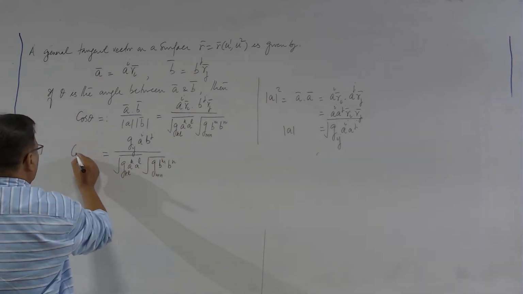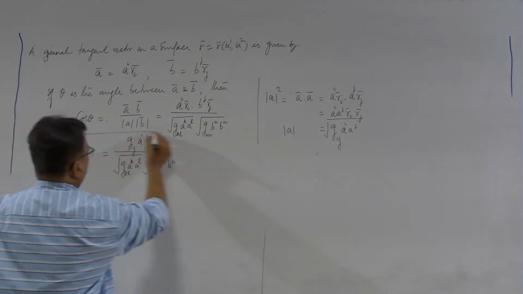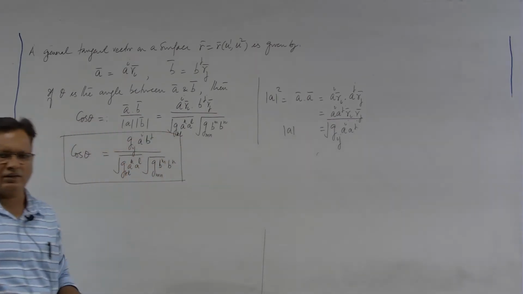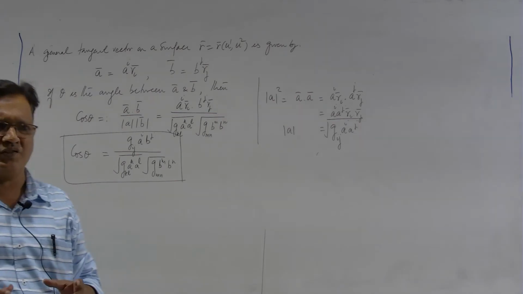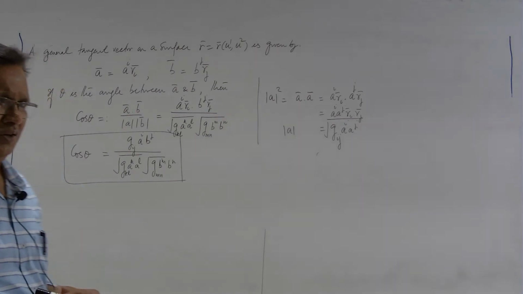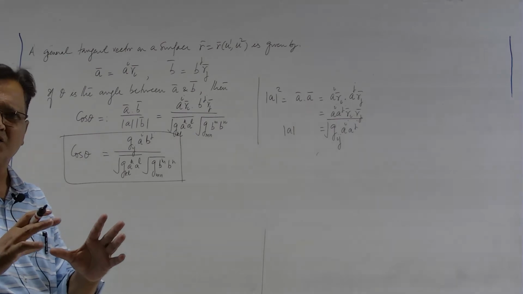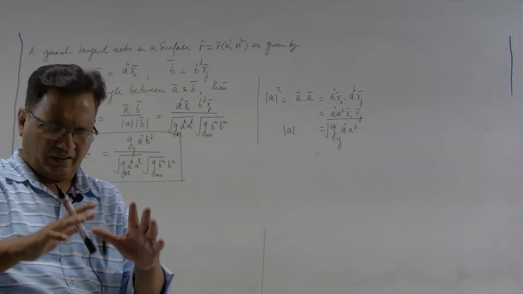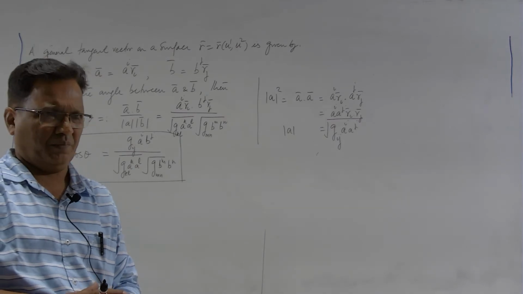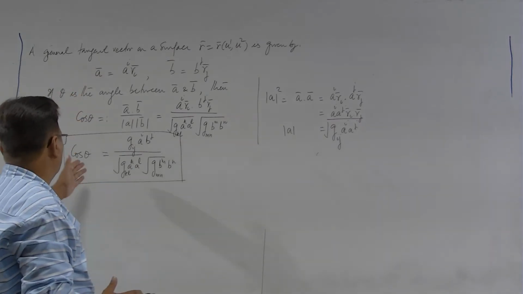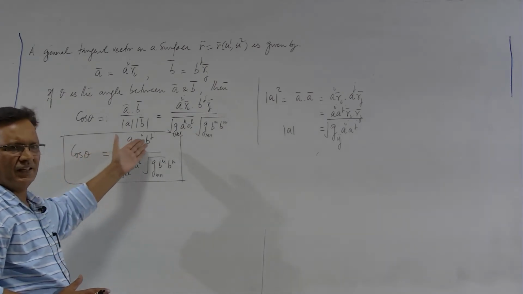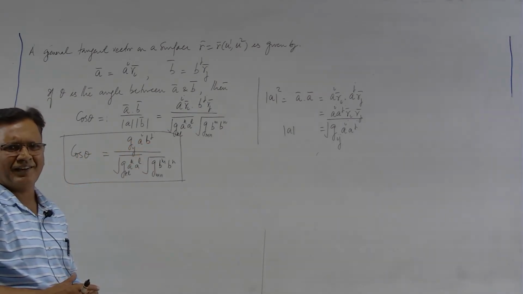So, this becomes the formula for the angle between two tangent vectors, where these g_ij's are invariants of the surface. So, g_ij is not something which belongs to R^3, it is intrinsic to the surface. Okay. So, the angle between them is a function of g_ij's and the components of the tangent vectors.